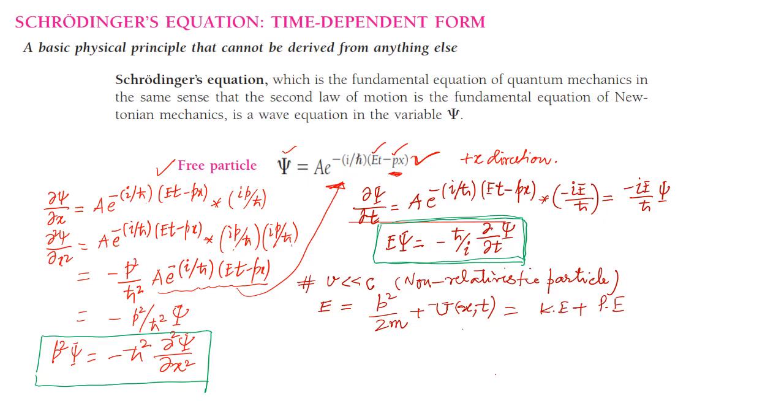So if I multiply it on both sides by psi, I can write E psi is equal to p square by twice m psi plus U x t psi.